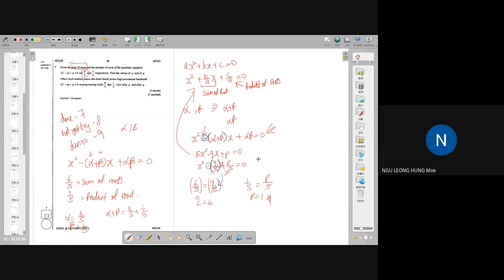And so product of roots is 1/5, which means we compare with P/5. Ini 5 pertama, so P equal to 1. Boleh faham ke, Asrul?